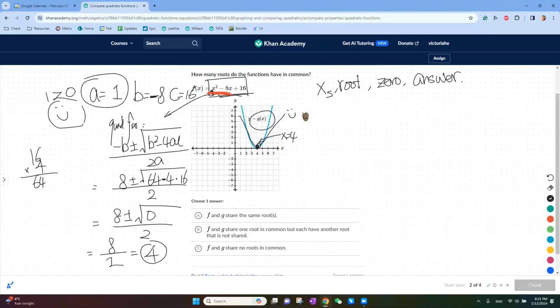So based on the question, let's take a look. It says f and g share the same root. F and G share one root in common, but each have another root that is not shared. And C says F and G share no roots in common. What is the correct answer?